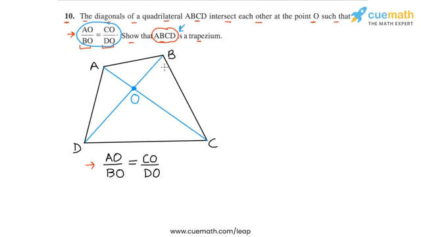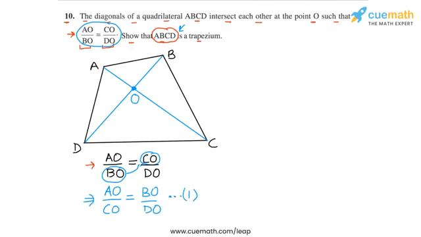Okay, so here's what we will do. This equality that is given to us, AO by BO equal to CO by DO, we will first write as AO by CO equal to BO by DO. What we have done is simply exchange BO and CO, cross multiply to get this, and let's label this as equation number 1.